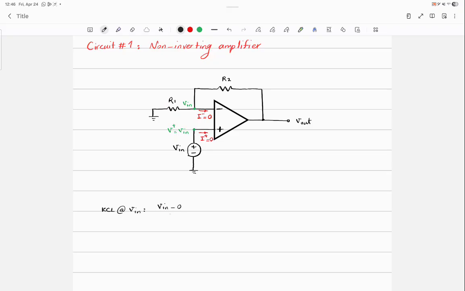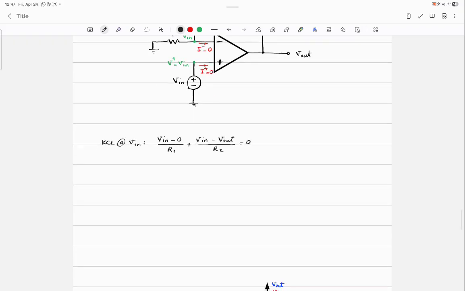V in minus 0 divided by R1 plus V in minus V out divided by R2 is equal to 0. From here, I can write that V out over R2 is equal to V in over R1 plus V in over R2.